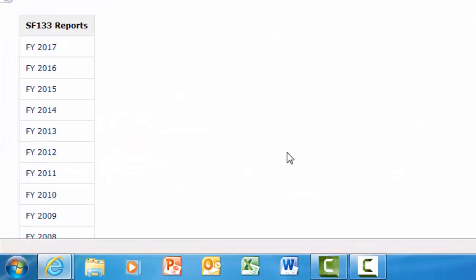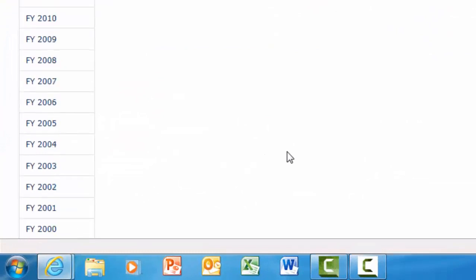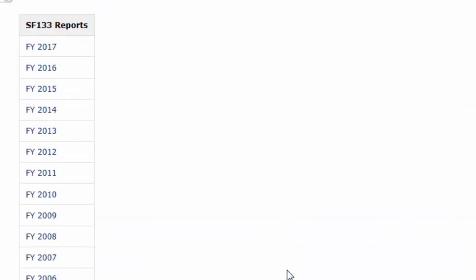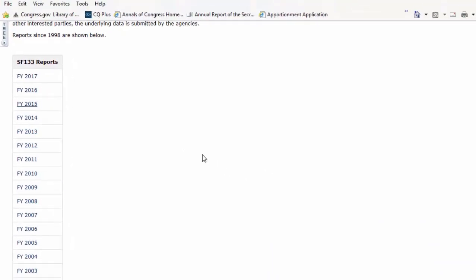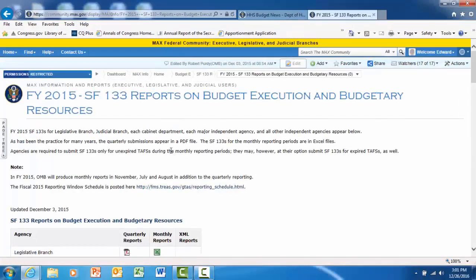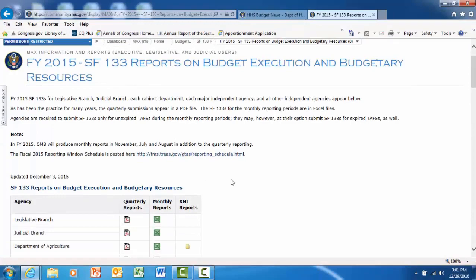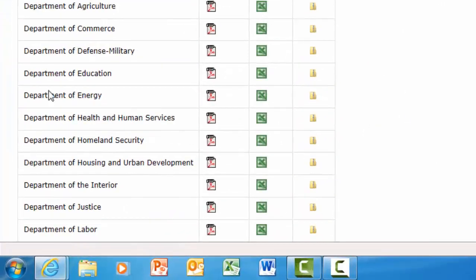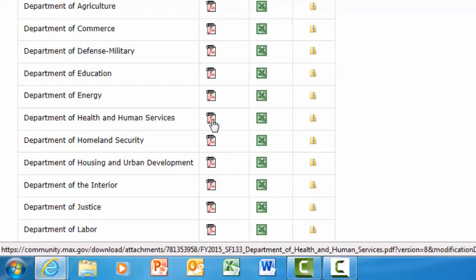And notice there by fiscal year, all the way up from 1998 through 2017. Let's pick a fiscal year 2015 example. And then, of course, we'll scroll down to the appropriate agency, in our case, the Department of Health and Human Services, and we'll click on the quarterly report icon.